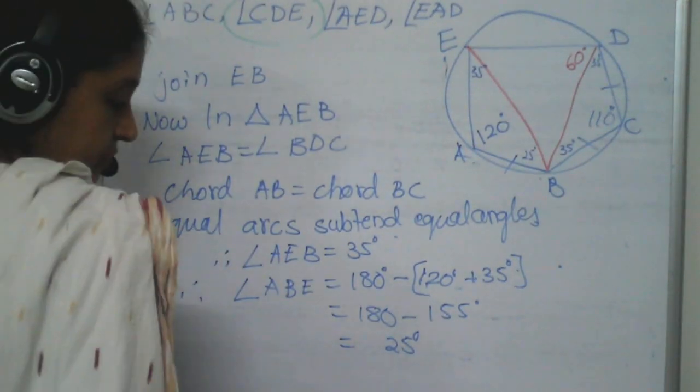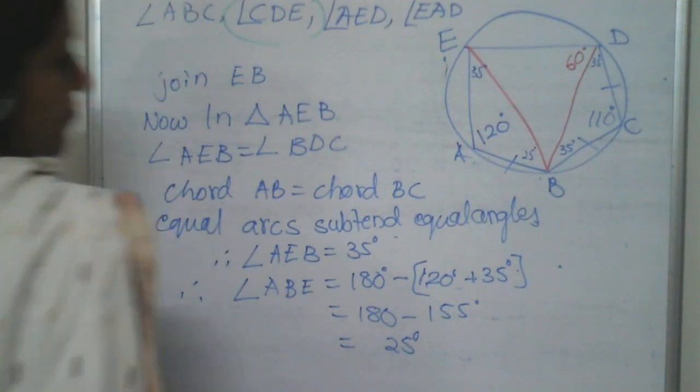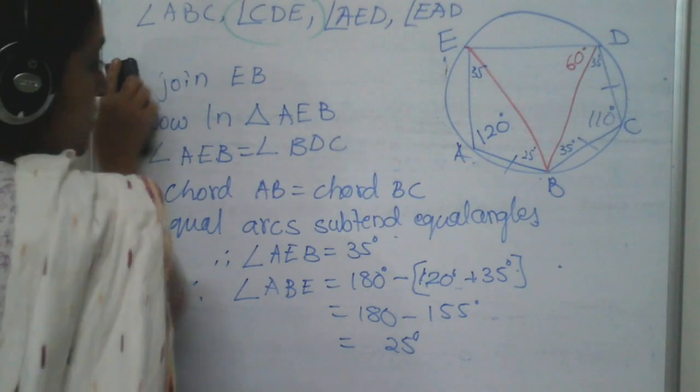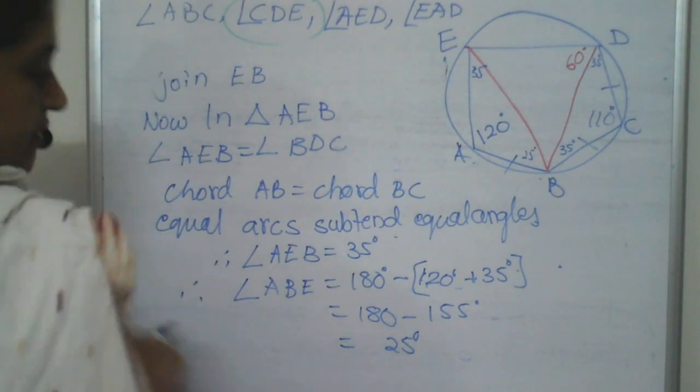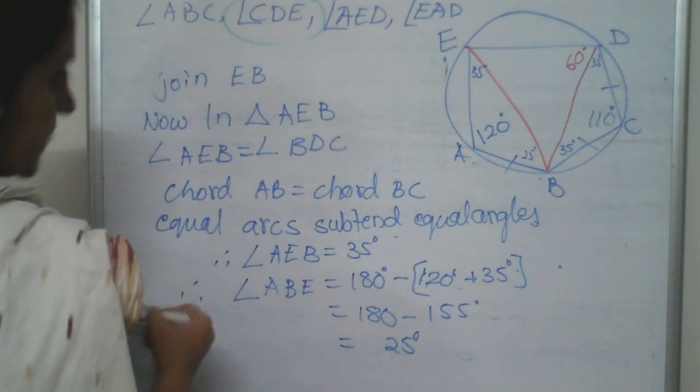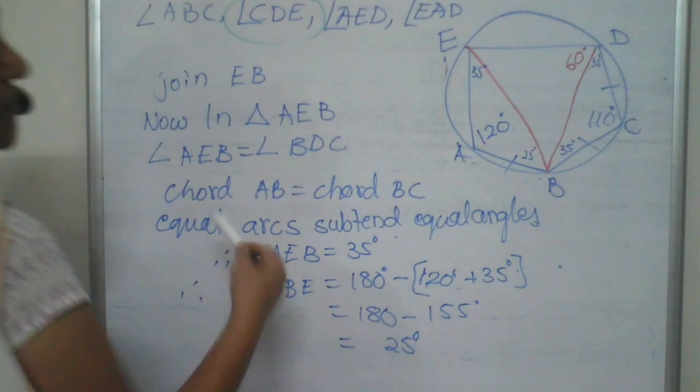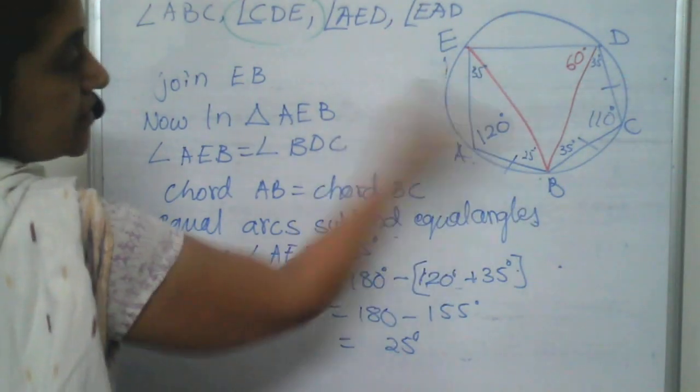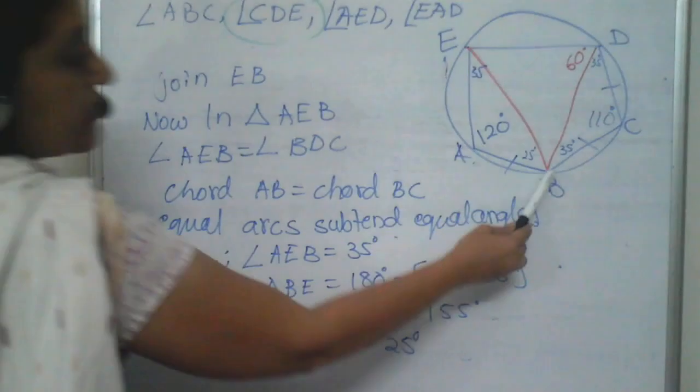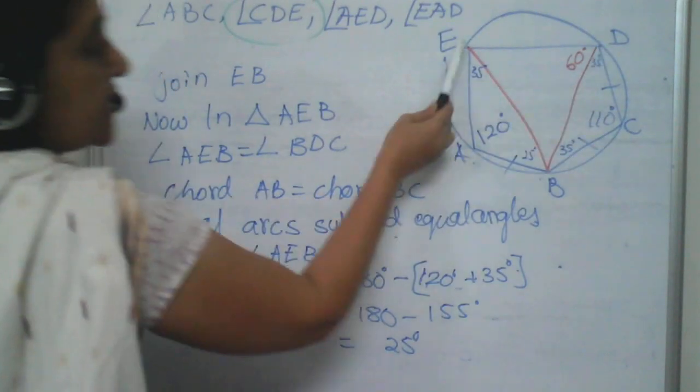Okay, now I'm erasing this and then we'll go ahead. Okay, you write it while I'm explaining this. Now can you see the another quadrilateral which is forming BCDE?